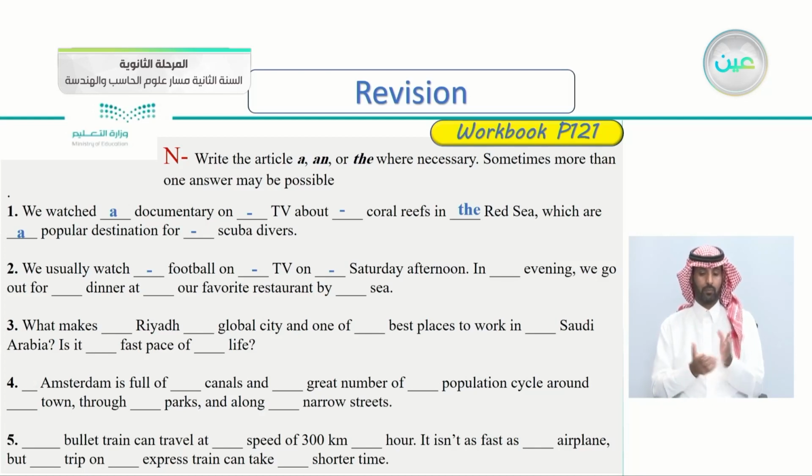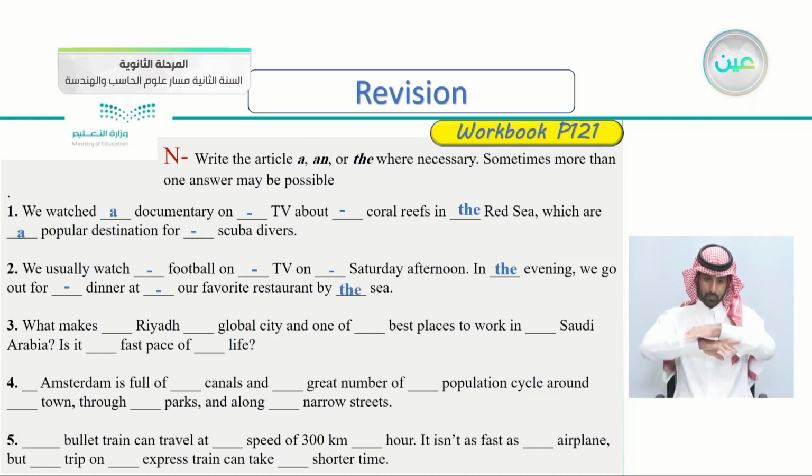In evening. So do we say in an evening, in an evening, or just leave it? Yes, you're correct. In the evening, we go out for dinner at, yes, at our favorite restaurant by, yes, by the sea. By the sea.